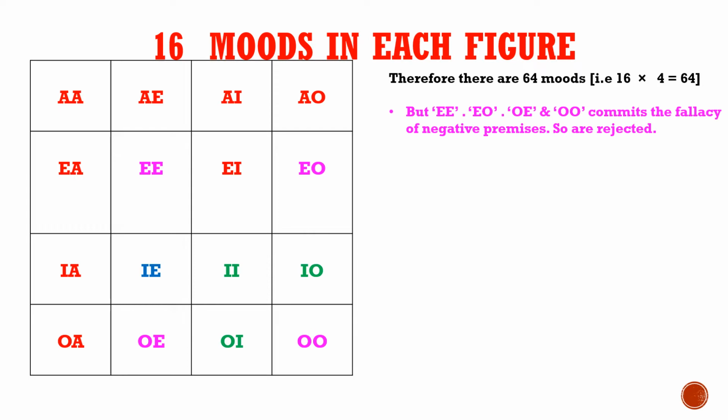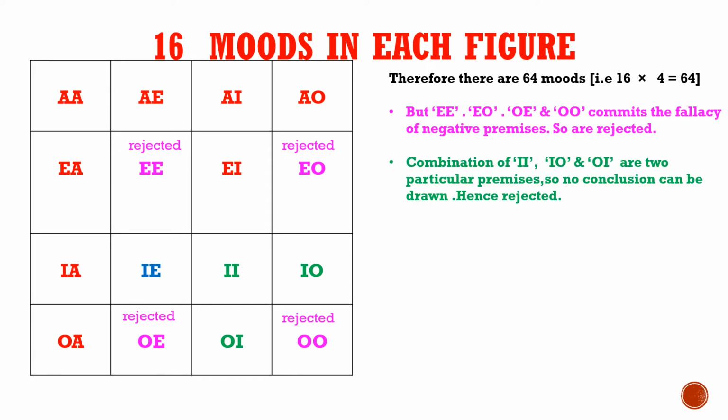But the combinations EE, EO, OE and OO commit the fallacy of negative premises. Both are negative, and so no conclusion can be drawn from these combinations of propositions. So they are rejected. EE, EO, OE and OO are rejected.